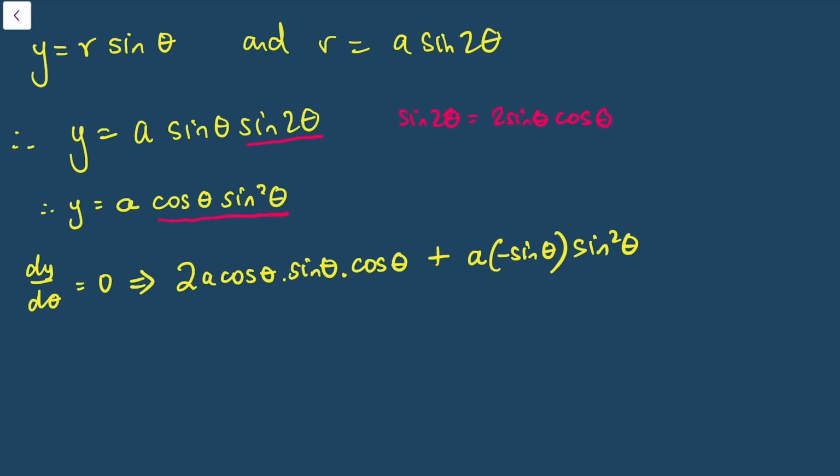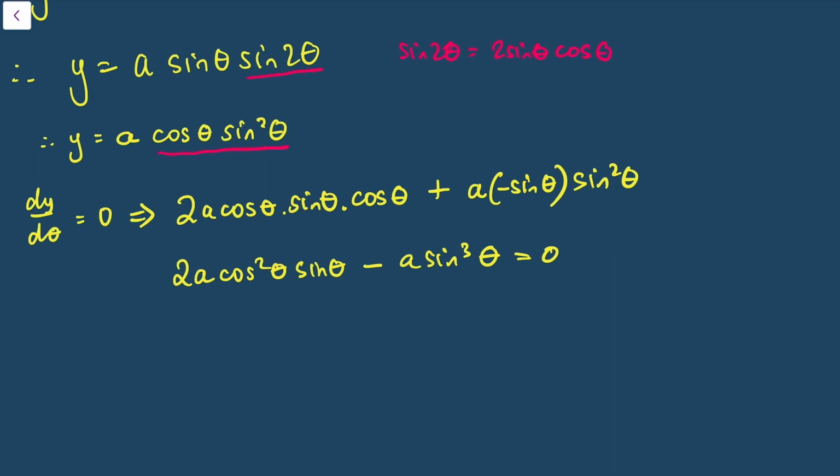So therefore this is going to give me 2a cos squared theta sine theta minus a sine cubed theta equaling 0.